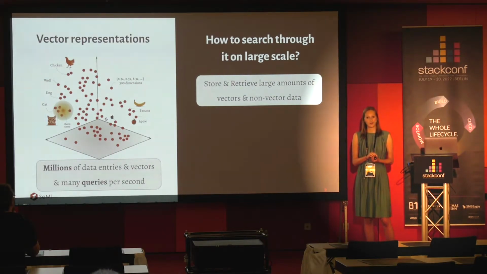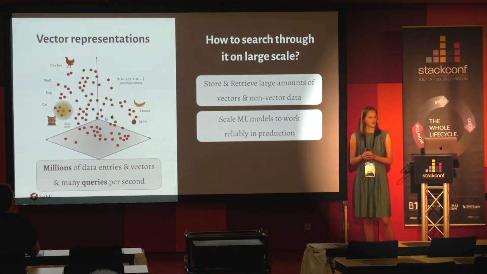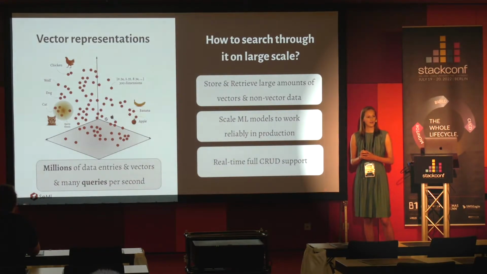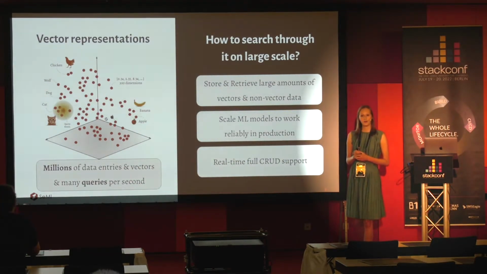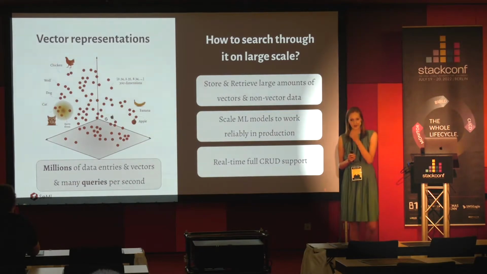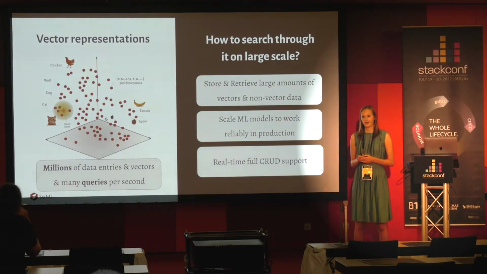So we don't only want to store the vectors, but also the data object itself, of course. Secondly, we want to have this machine learning model running in production reliably. And finally, we also want full CRUD support.